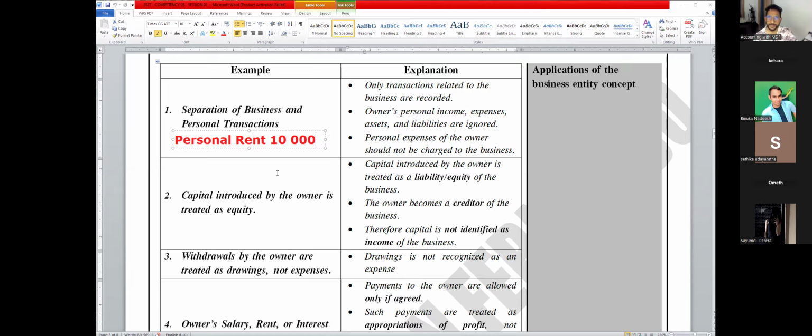Then should this be recognized as an expense of the business? Never. Why? This is a personal expense.